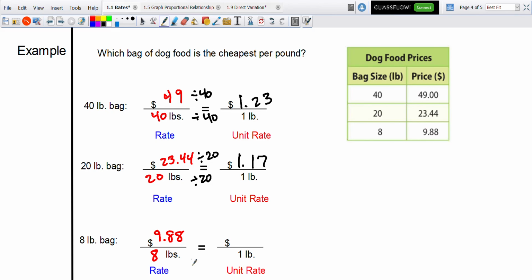So to get that 8 to become a 1, I'm going to divide top and bottom by 8. 8 divided by 8 on the bottom is 1, and $9.88 divided by 8 is $1.24 per pound in the unit rate. So we can see here, this one is the cheapest. The 20-pound bag is the cheapest. Our next cheapest is the 40-pound bag, because 1 cent higher is the 8-pound bag.